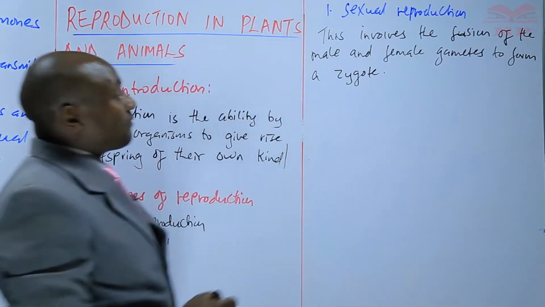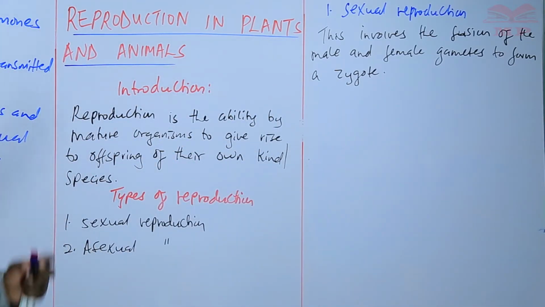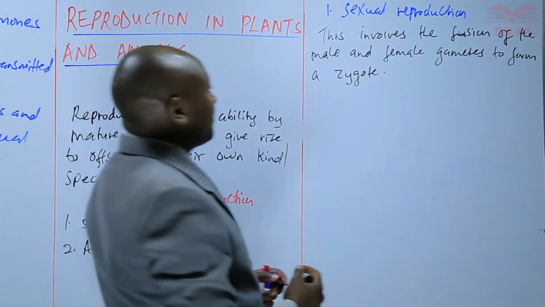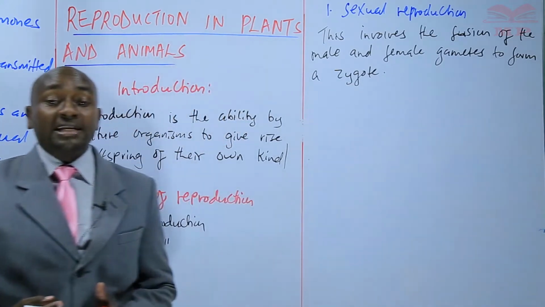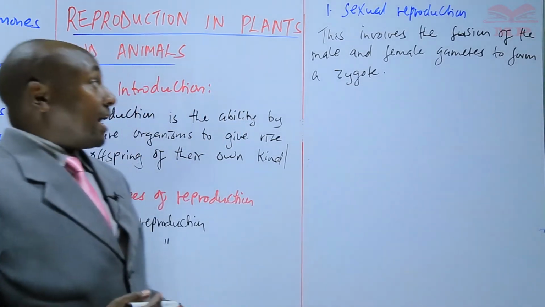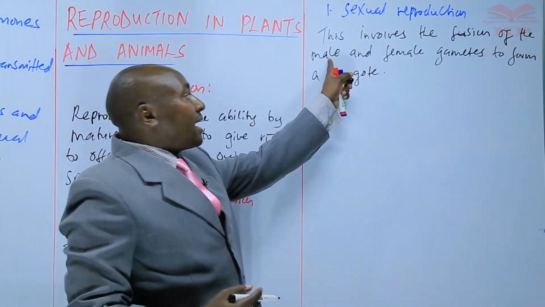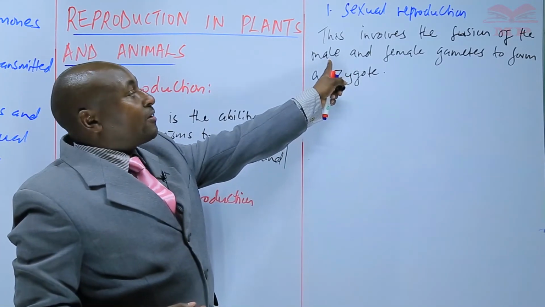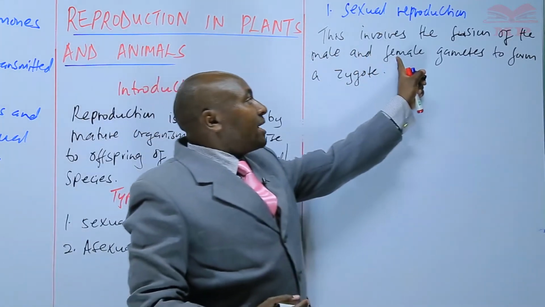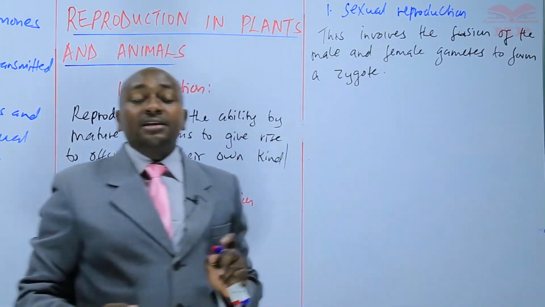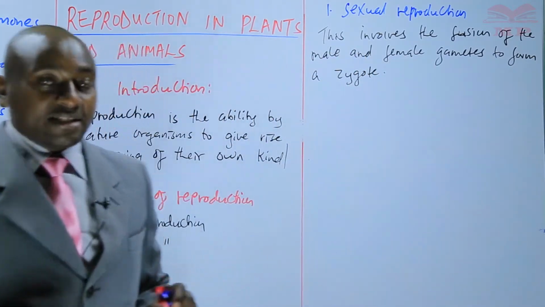So it involves the fusion. Fusion is the joining together of the male and the female gametes to form a zygote. And the process whereby the male nucleus fuses with the female nucleus is referred to as fertilization.